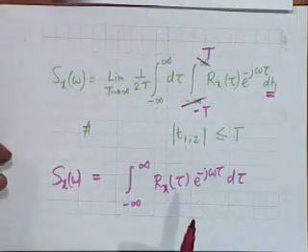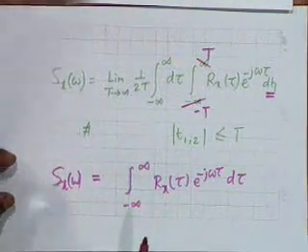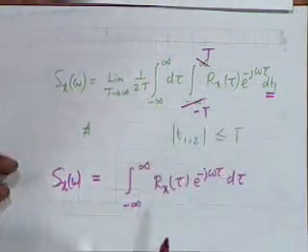This is the link that we did not recognize at the beginning. We defined the spectral density, then we established the relationship, and this is the major use of spectral density, that it is the Fourier transform of the autocorrelation function Rx of tau.